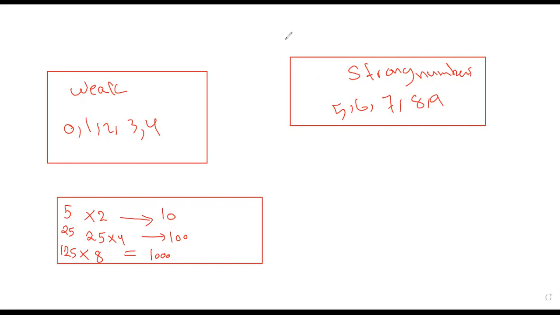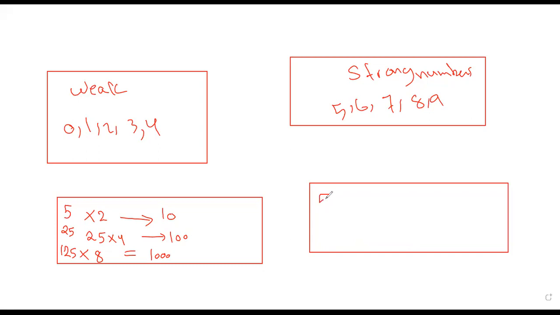By the same way, if we have multiples of 5, like 50 multiplied by 2, it will give you 100. 250 by 4 will give you 1000. 1250 by 8 will be 10,000, and so on. Now we can go back to our exercise.